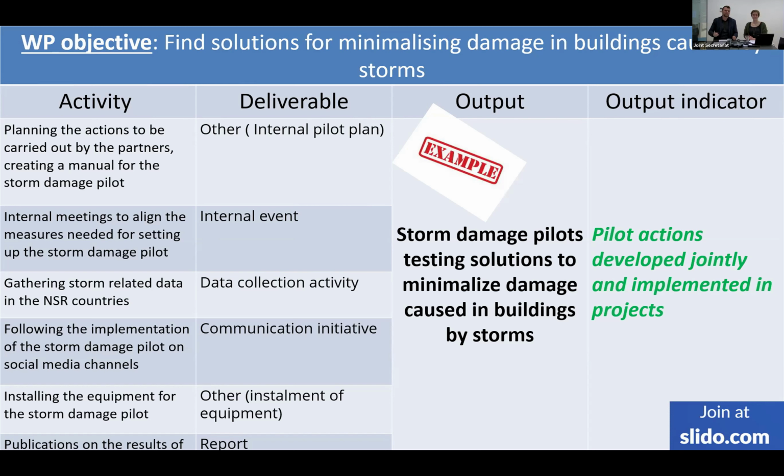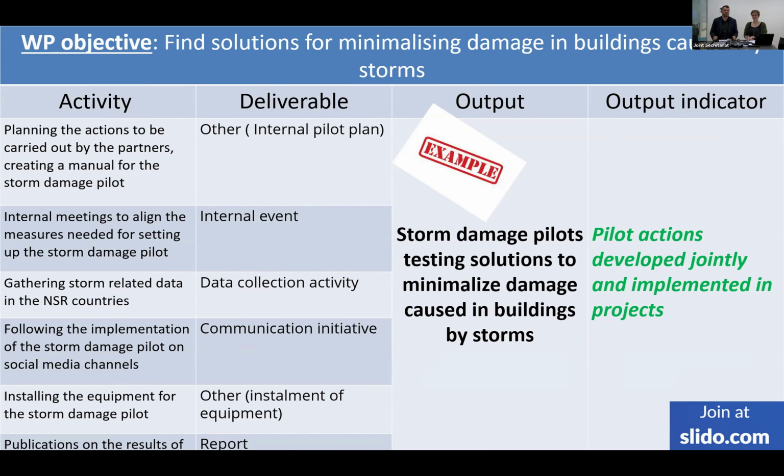Then the deliverable next to it will be another, that's a real category in the monitoring system. And then you say, let's have 3 pilots, so we will need 3 pilot plans. This is a deliverable. Then, of course, you have to align internally with your partners, with stakeholders. How do you set up a pilot like this? This is an internal event.